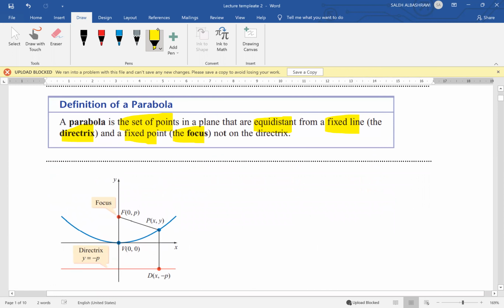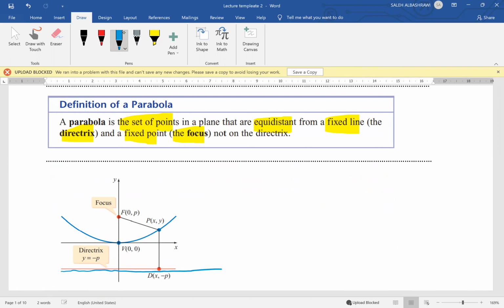Let's take this shape. We have a set of points. This is the line called the directrix, and this is the point.